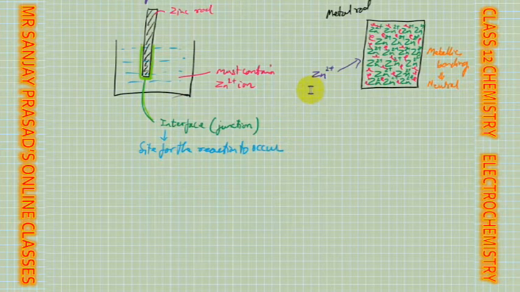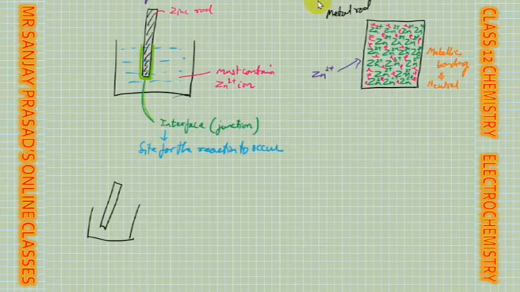So what can happen? Look here, if I take this, then in this case it will be like this. I've just taken the metal rod and dipped it in the solution, isn't it? Zinc and zinc ions, same thing, we have taken it here. Now what can happen?